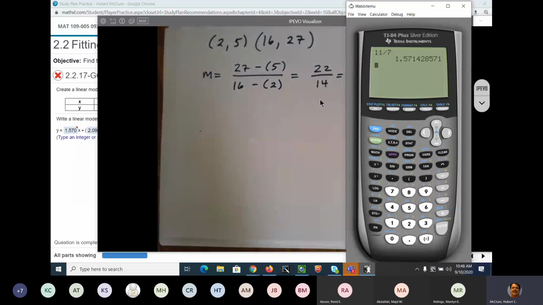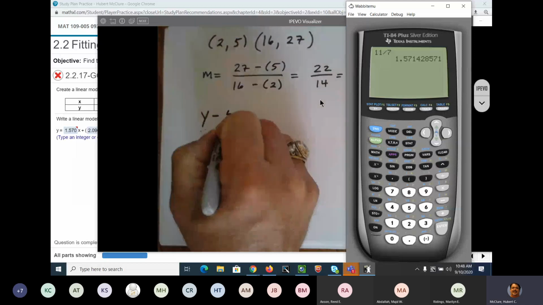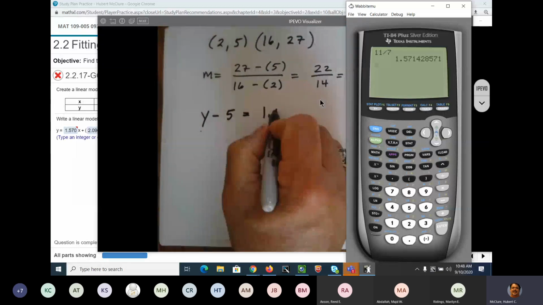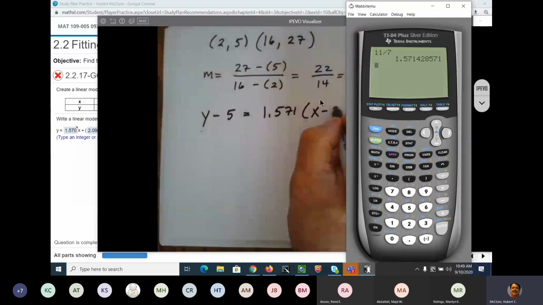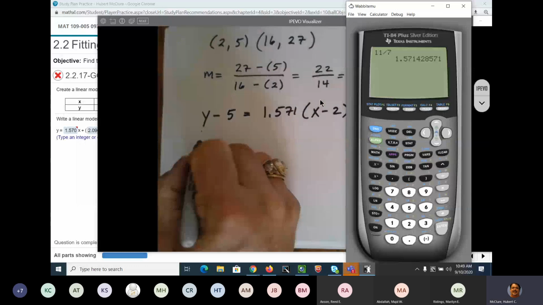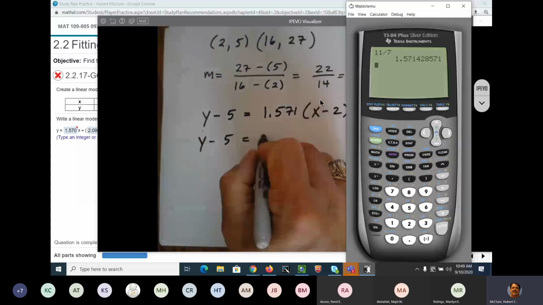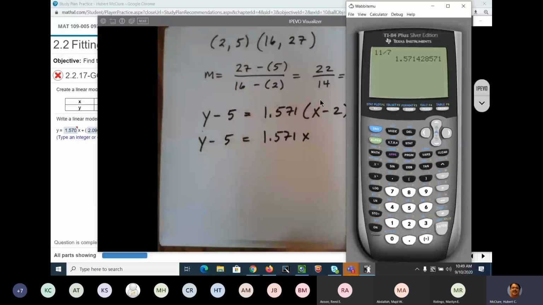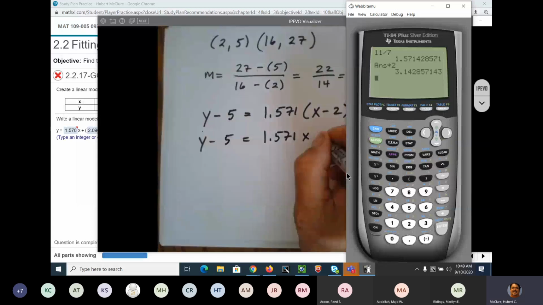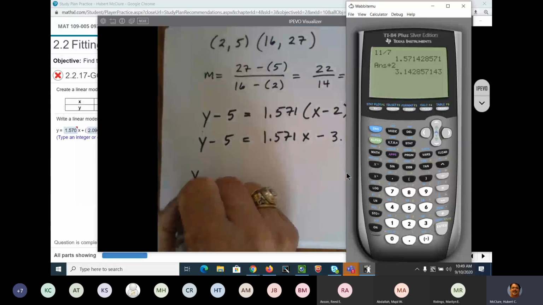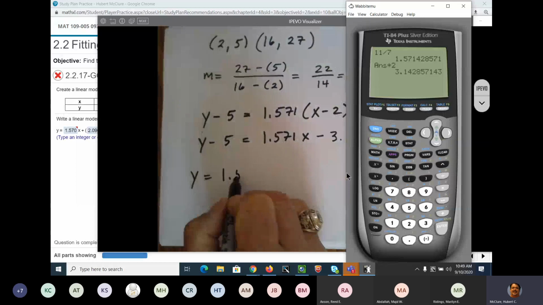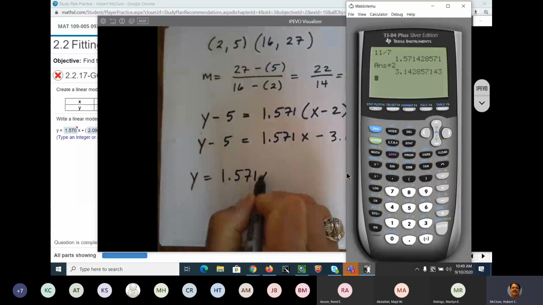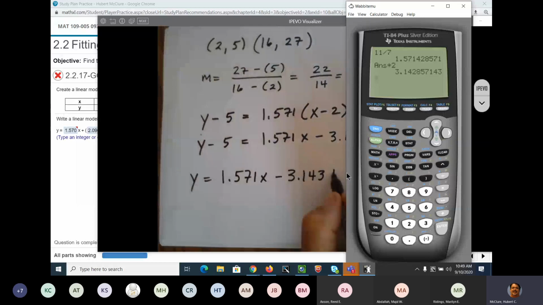Okay, and then they're doing y minus 5 is equal to 1.571 times x minus 2. And that's going to be y minus 5 is equal to 1.571x, and multiply that by 2, minus 3.143, and then y is equal to 1.571x minus 3.143 plus 5.